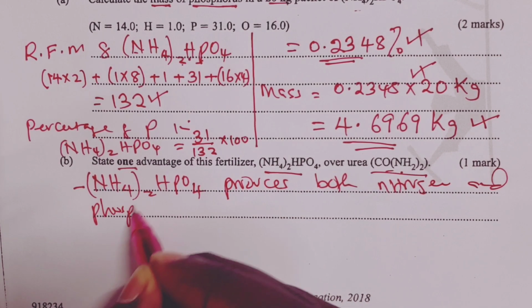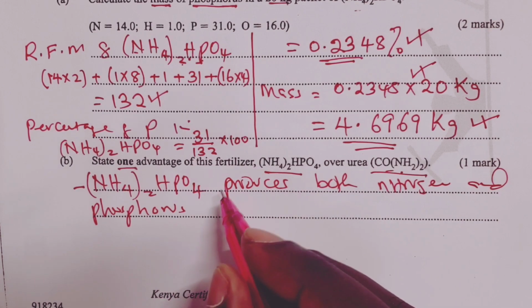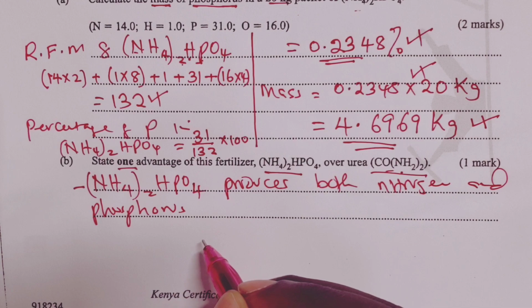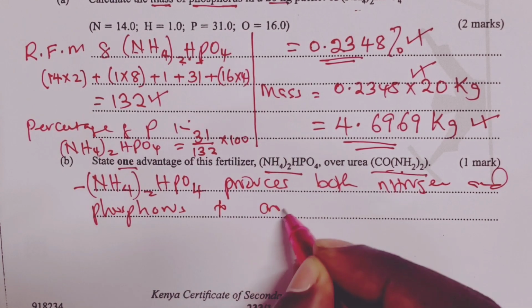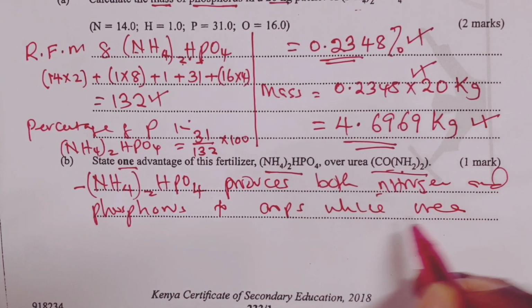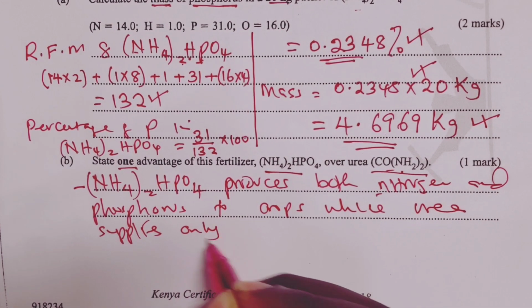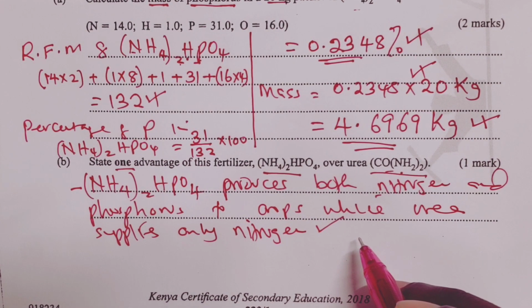These are essential minerals needed by our plants. Okay, so our first fertilizer supplies both nitrogen and phosphorus to crops, while urea supplies only nitrogen. That would be the advantage of our first fertilizer over urea.